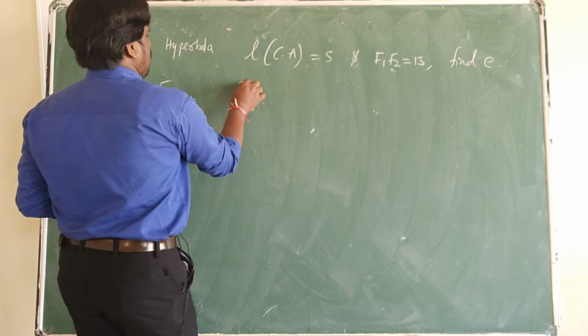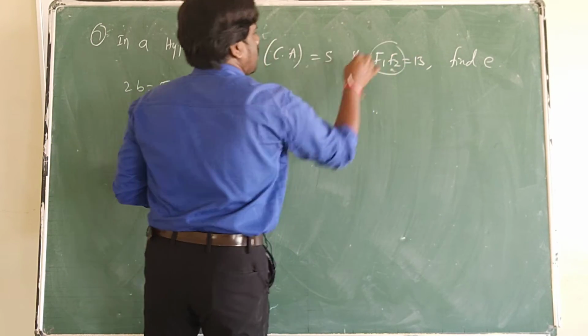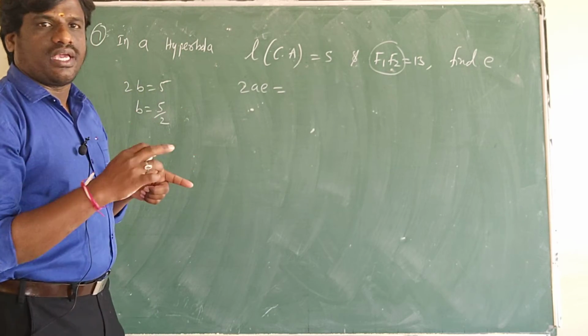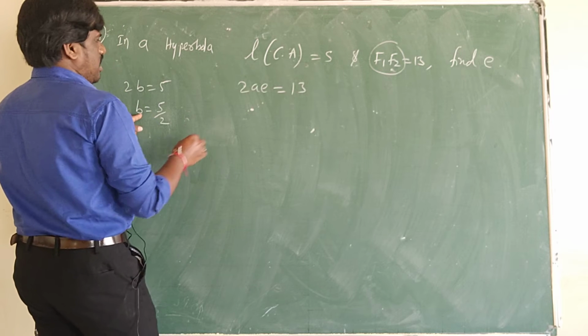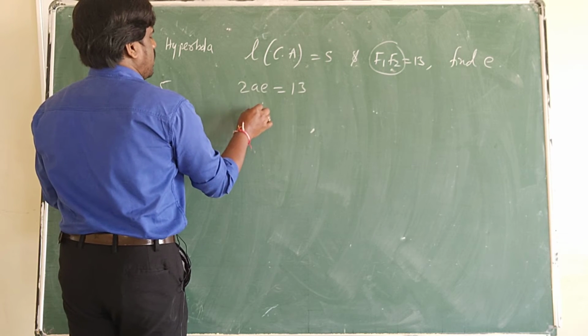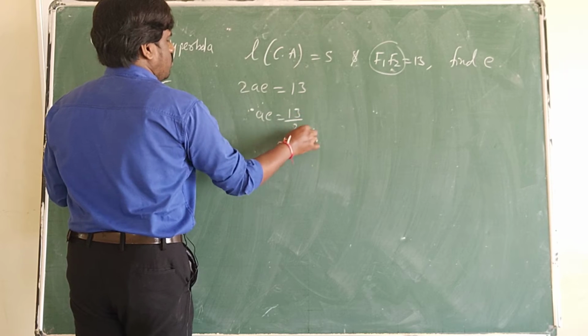So 2ae is the distance between the foci. 2ae is equal to 13. Here, how much can I write? ae is equal to 13 by 2.